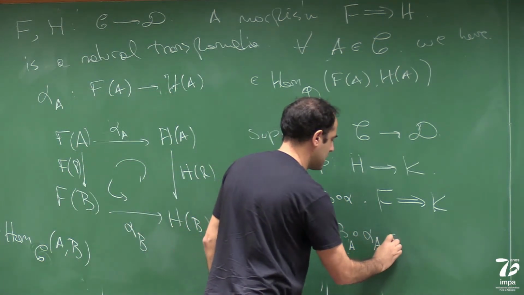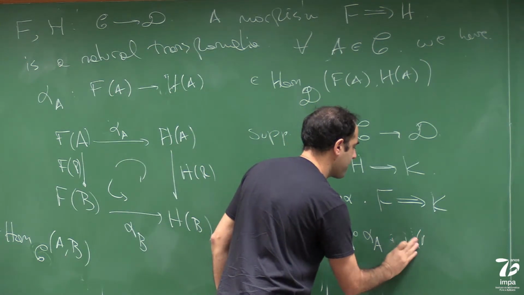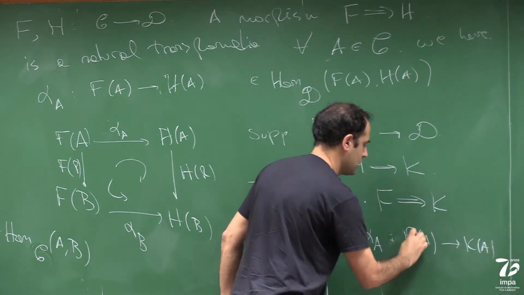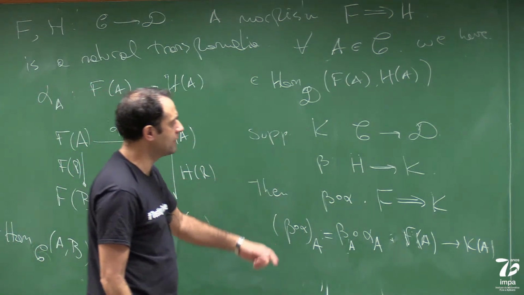So this is a map from FA to KA, which is what we want. And this satisfies all these axioms. So composition is well defined.